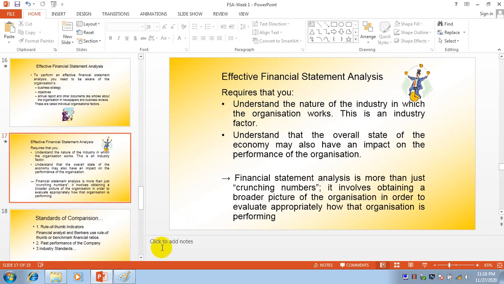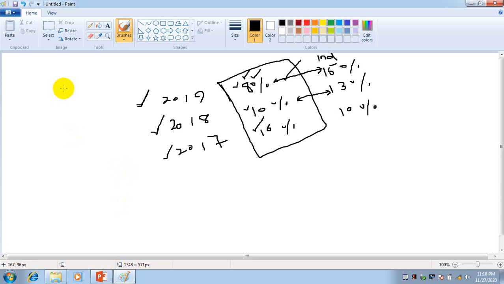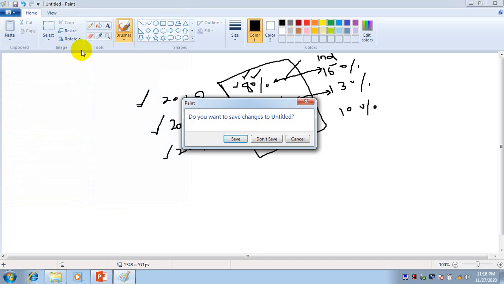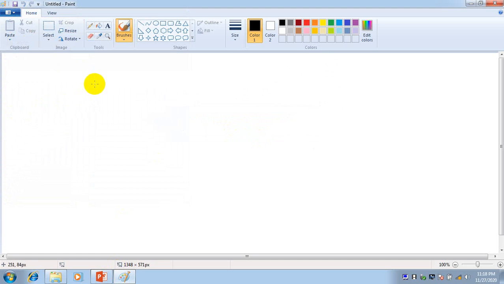You know that there are three types of business organizations, business concerns. One is trading, one is manufacturing, and one is service. So it is a trading business, a manufacturing business, or a service business.